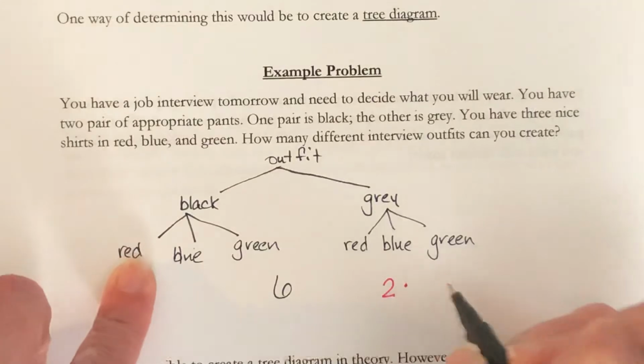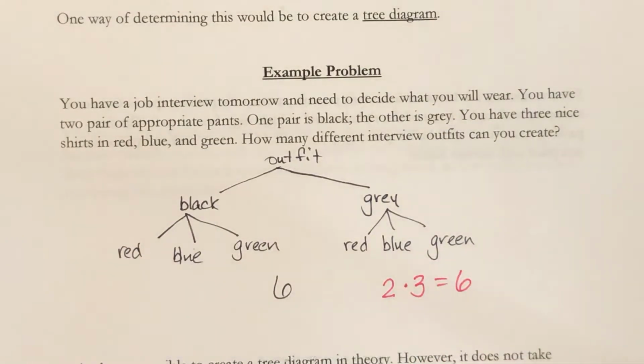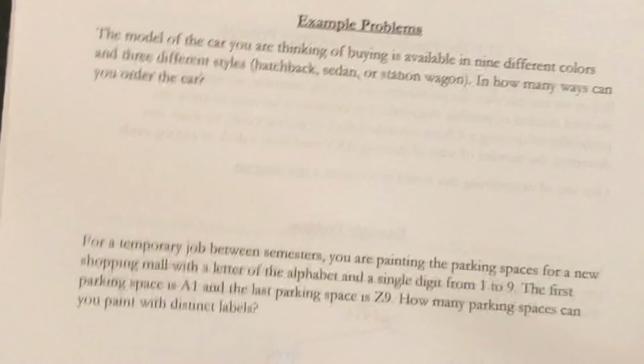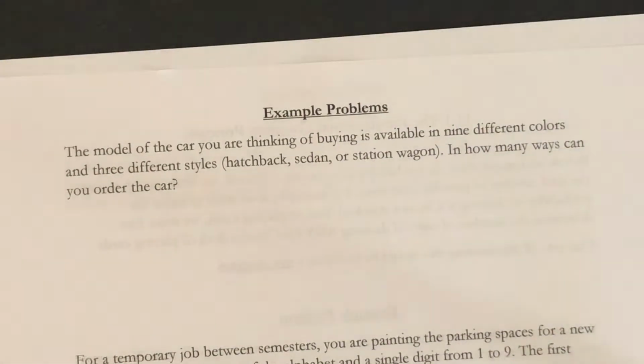We had 3 choices for shirts. So we had 6 choices overall. It's really kind of easy there. So let's just work a few more problems using this formula.